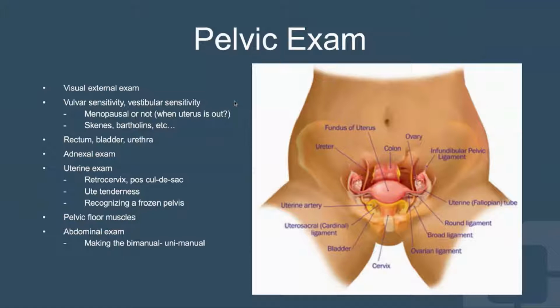First of all, of course, a visual external exam, for which we discussed the proper anatomy just prior. We also want to look at sensitivity of the vulva, looking for vulvar neuropathies, and the vestibule. The vaginal vestibule is all the area medial to the labia minora.